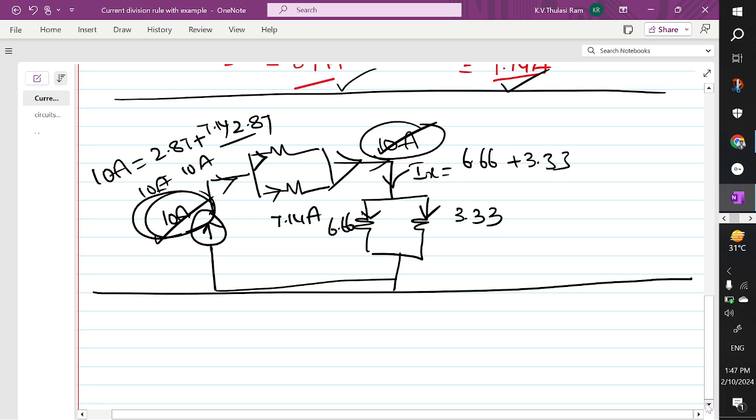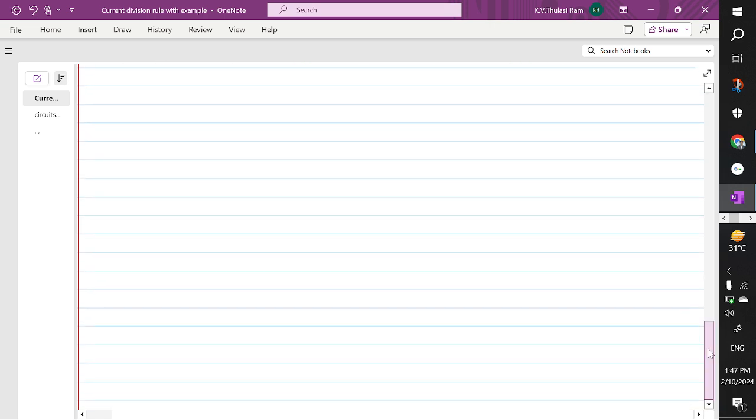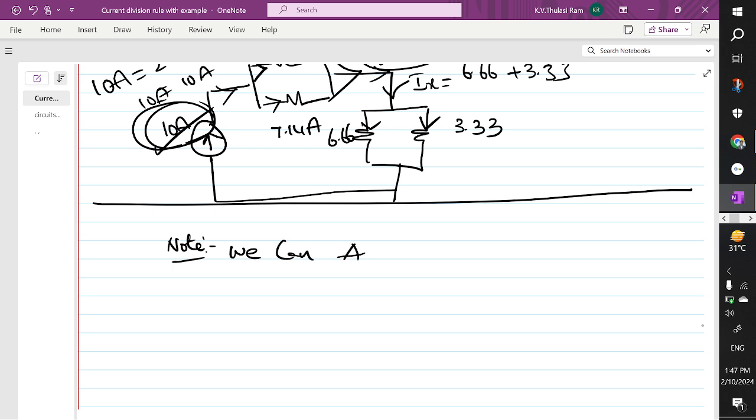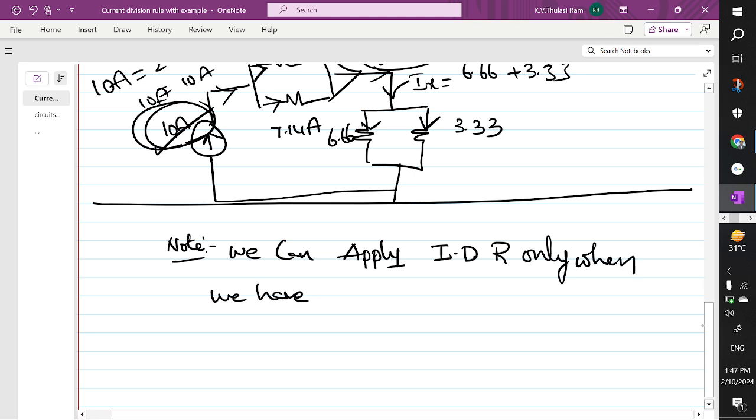Let's come to the next problem. So keep it in mind, note: we can apply the current division rule only when we have two parallel branches.